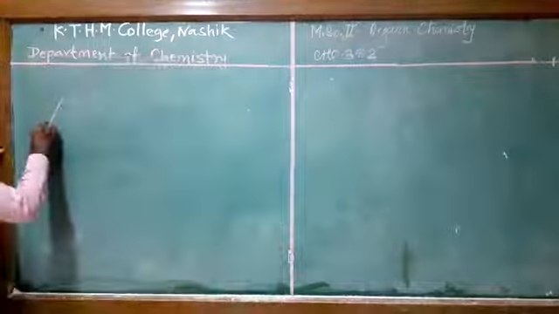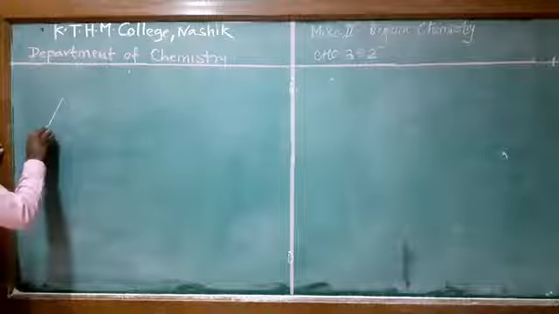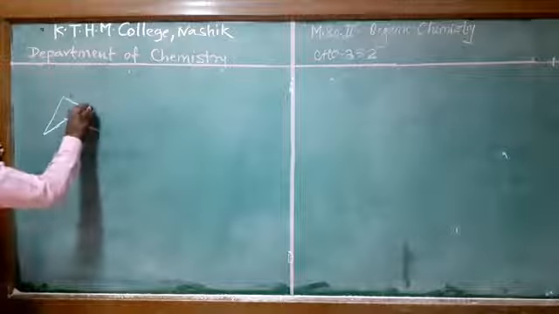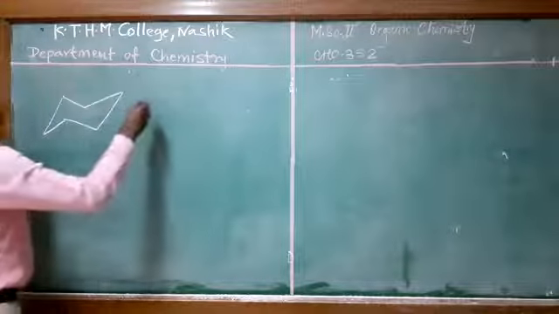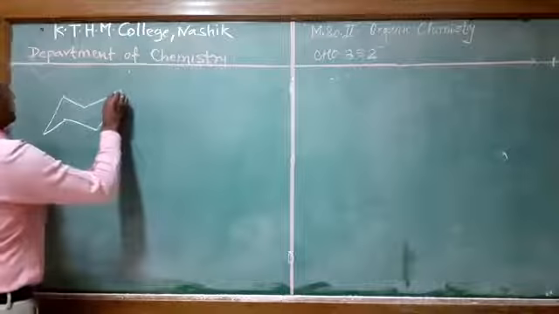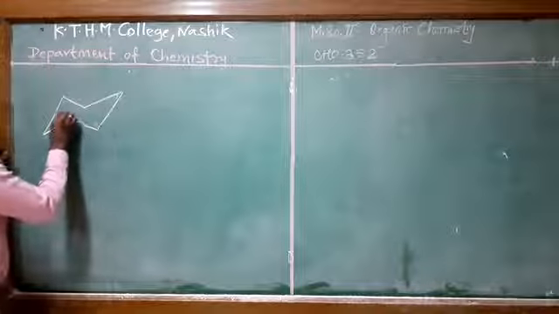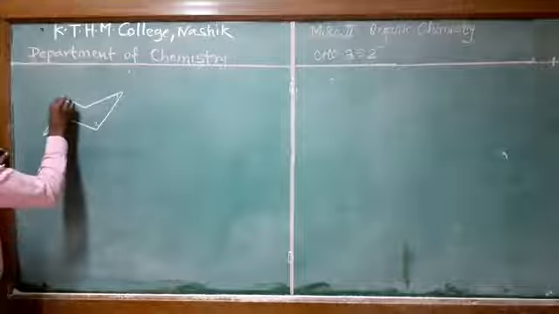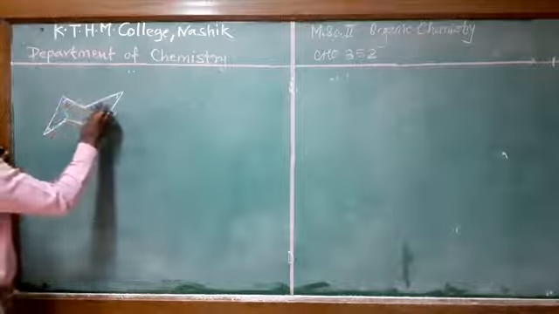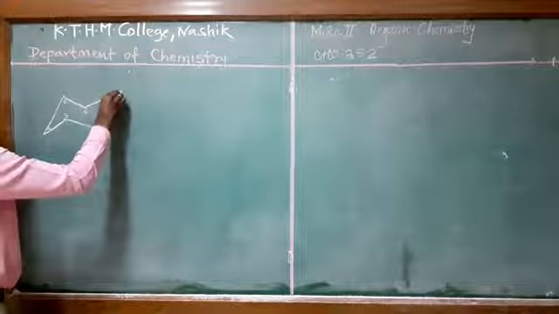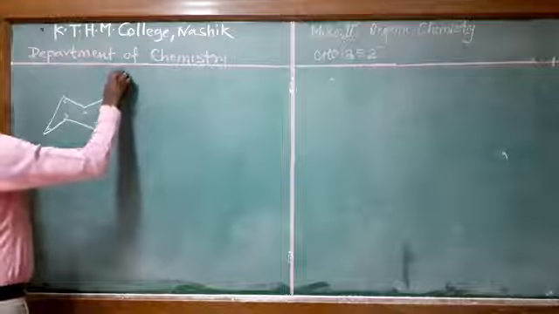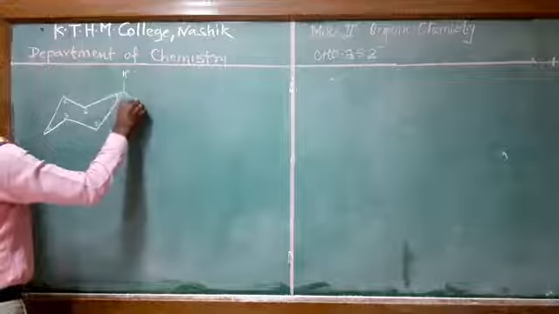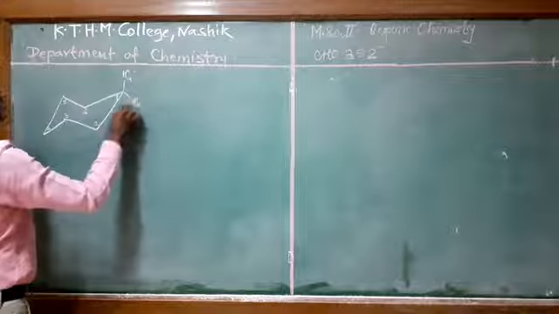To the other things, remember how you will draw the Newman projection for the chair conformation. When we are drawing the Newman projection, some important things must be remembered. Here I am drawing the different substituents.